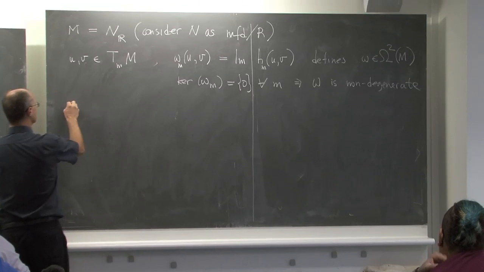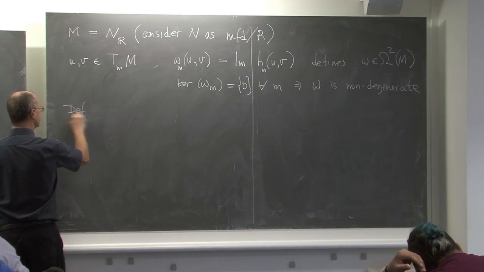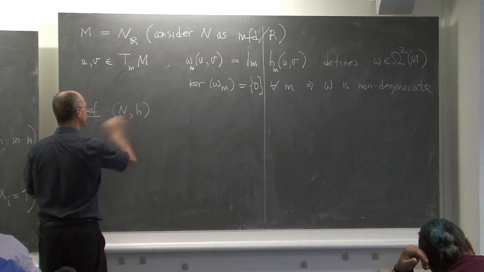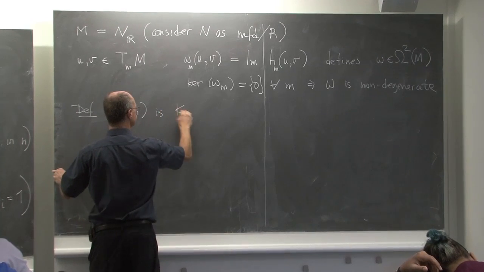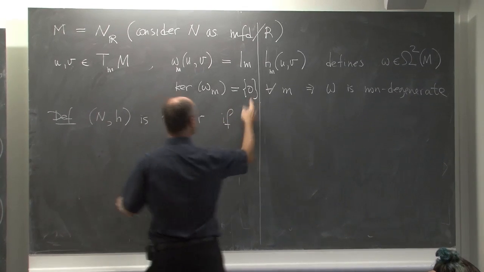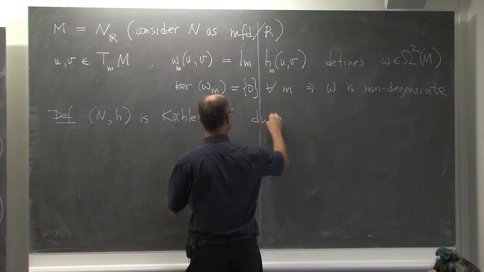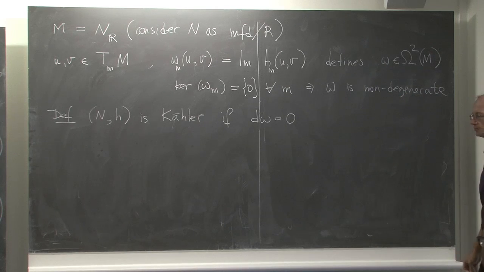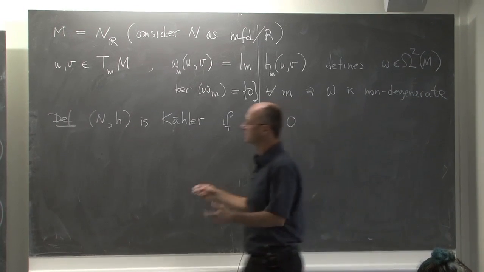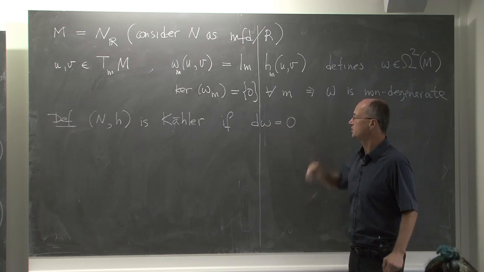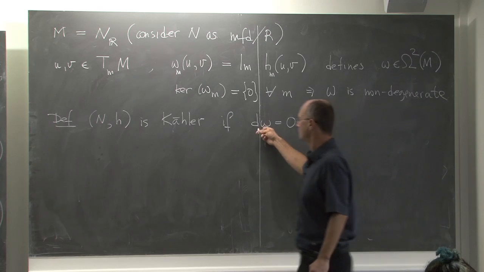Now, here is the definition. We say that the pair (N, h) is Kähler if the corresponding omega is closed. So this is a kind of integrability condition, or a kind of differential equation that we impose on omega.